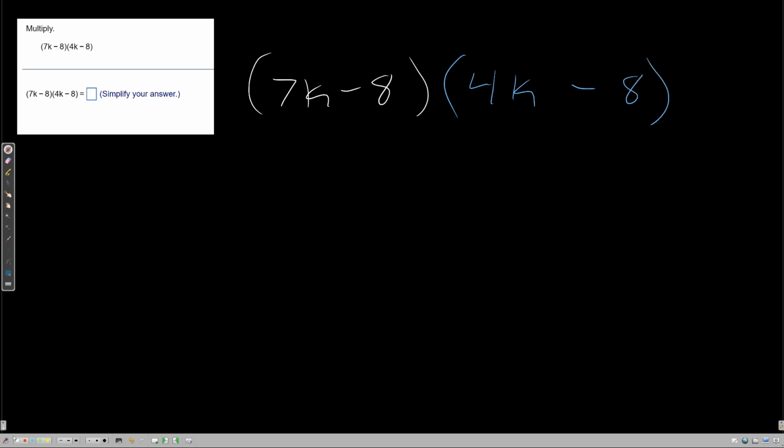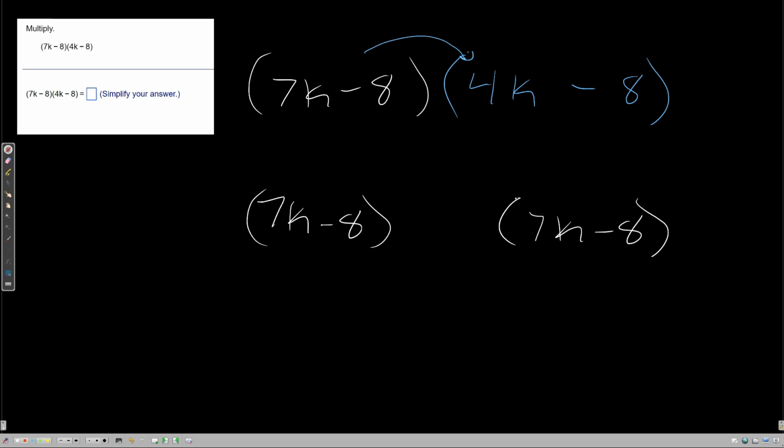So when I do that, the 7k minus 8 is going to appear twice, right? Because it's being distributed in. Since the 7k minus 8 distributes in, there's going to be 2 of them, right?